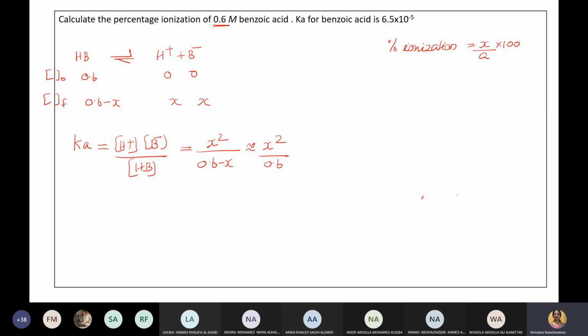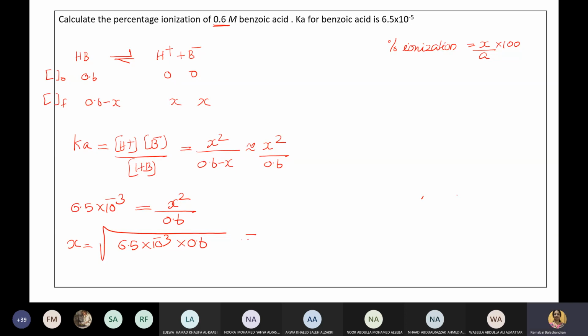Now what's the value of Ka? 6.5 times 10 to the power minus 5 is equal to x squared over 0.6. So x is equal to the square root of 6.5 times 10 to the power minus 5 times 0.6.